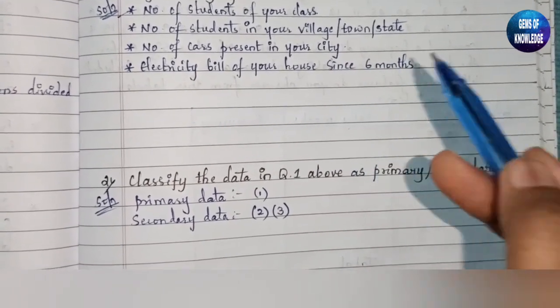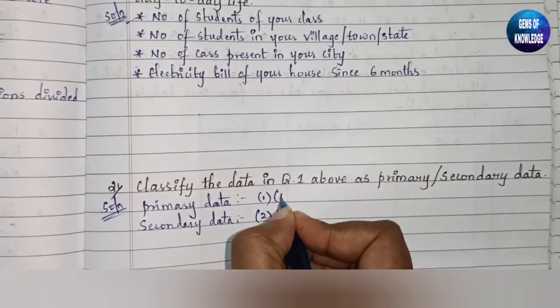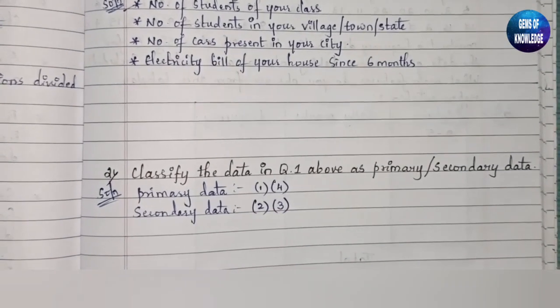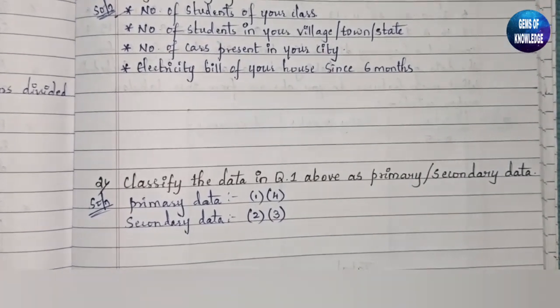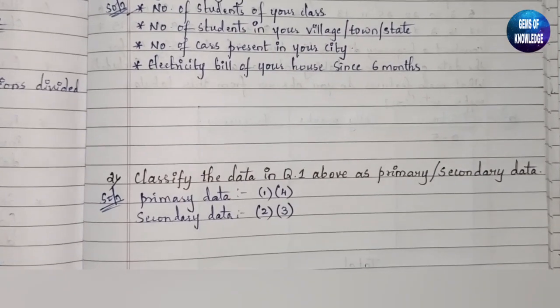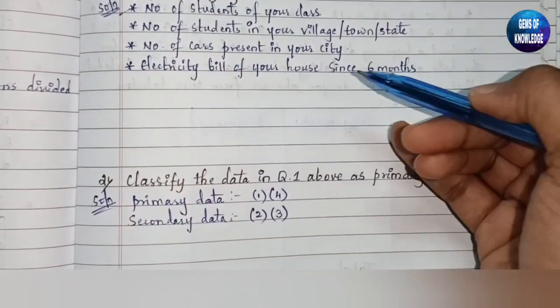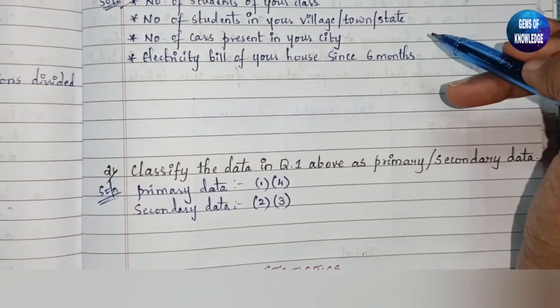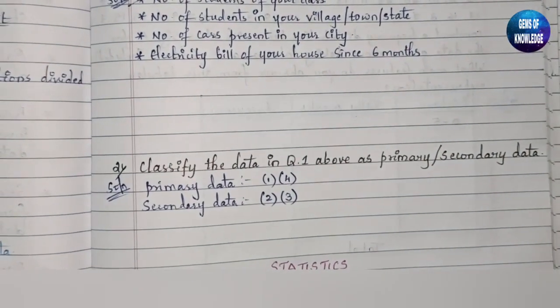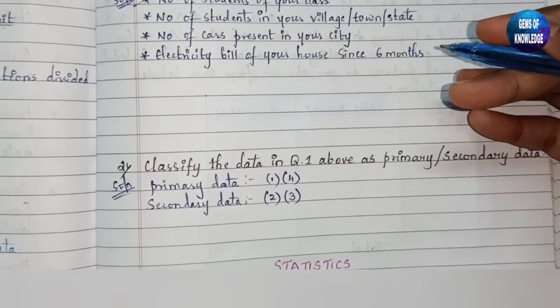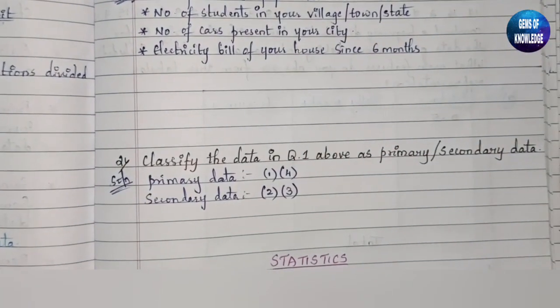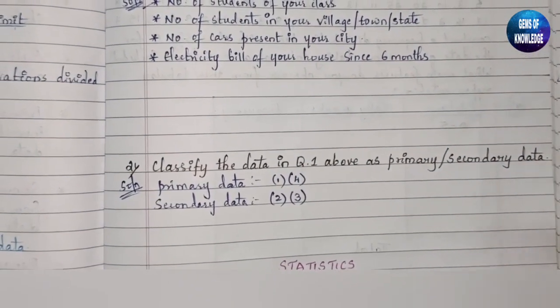When it comes to 6 months or 2 months, you can easily collect it from your house itself. If it goes to more than 10 years, like the past 10 years of electricity bills of your house, then I think you won't have all those documents from before 10 years. Maybe it is possible or maybe it is impossible.